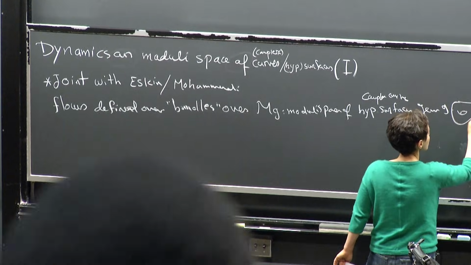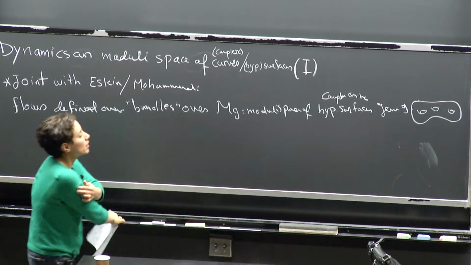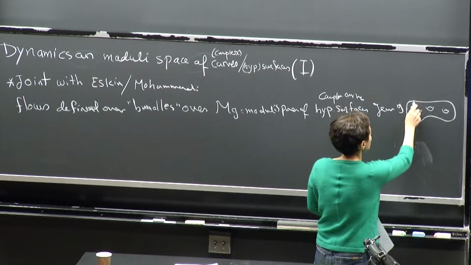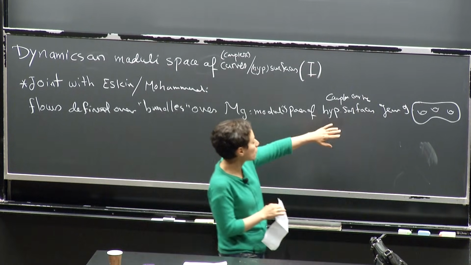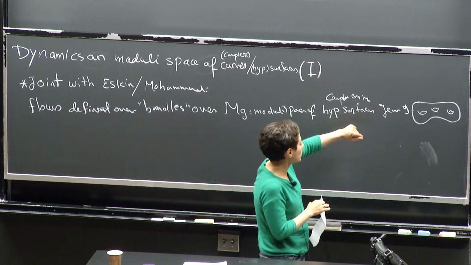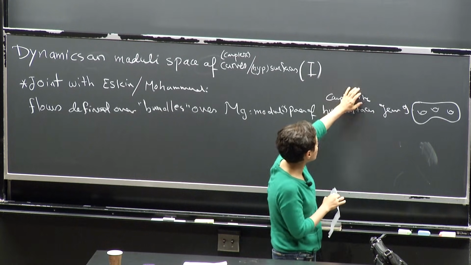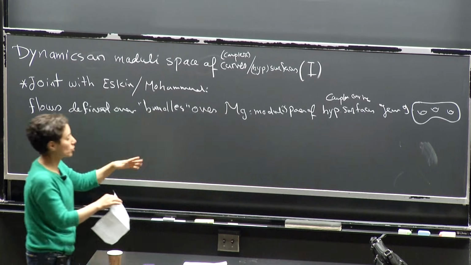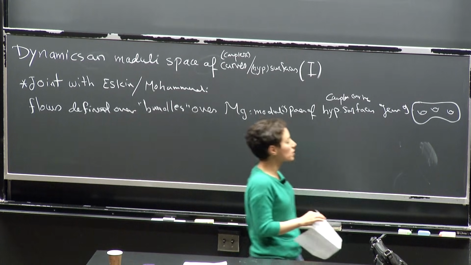So the topology is fixed, and you have different structures on the surface. Maybe it's a complete hyperbolic structure of finite volume on this compact surface, or you have a complex structure, and you have the moduli space of all possible complex structures that you can put on a surface of genus g.